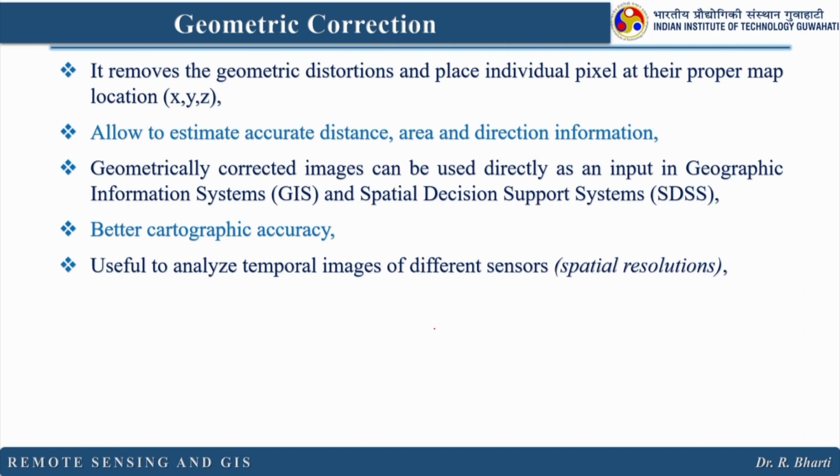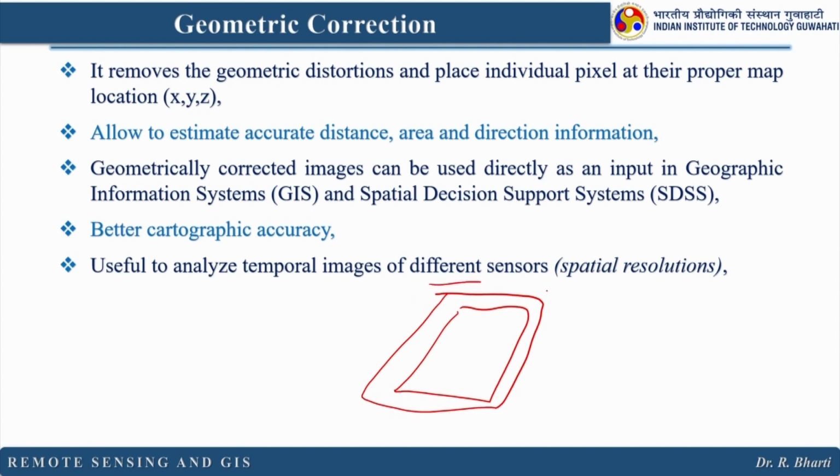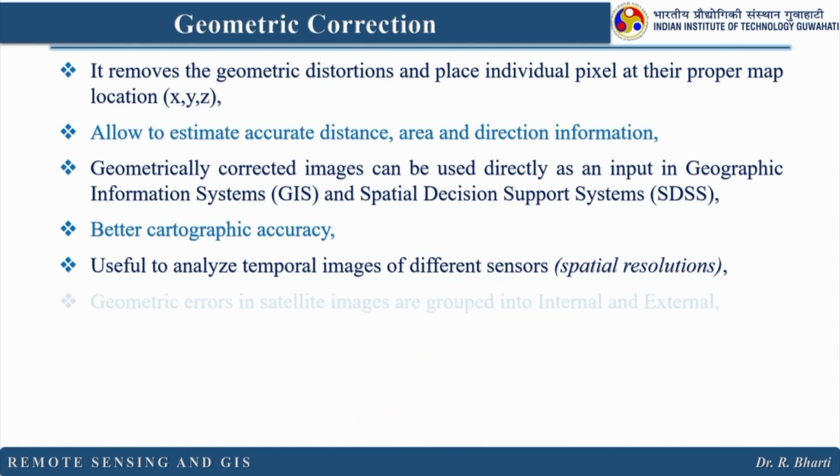Then only will the one image captured by x be exactly covered by y and then exactly covered by z. So, this is the case when you have a geometrically corrected image, right.